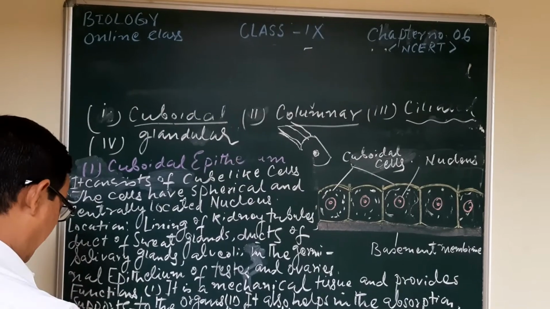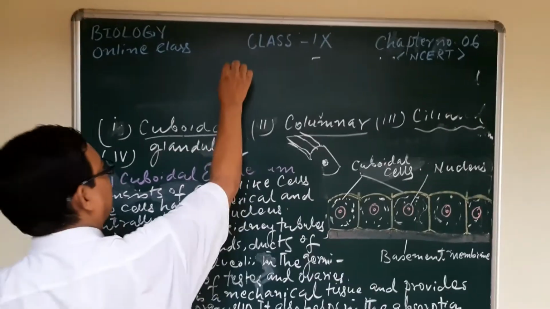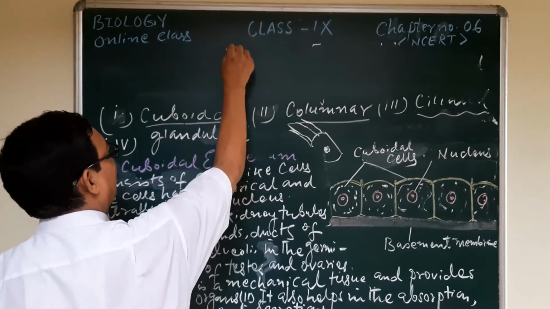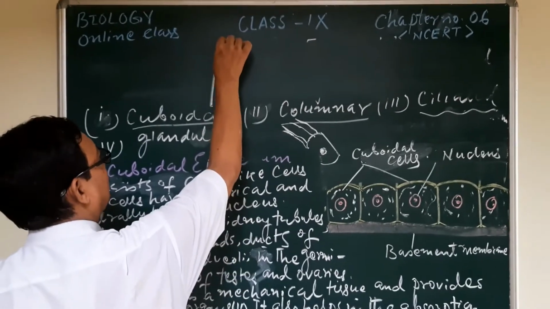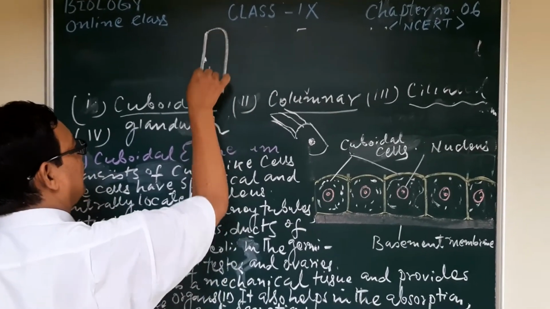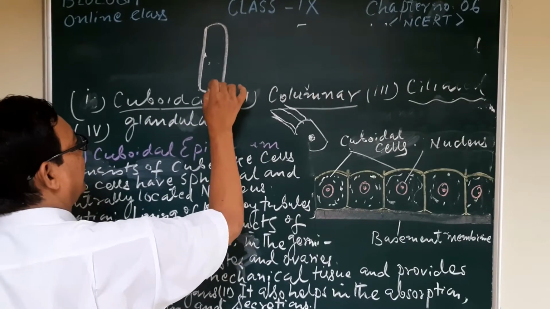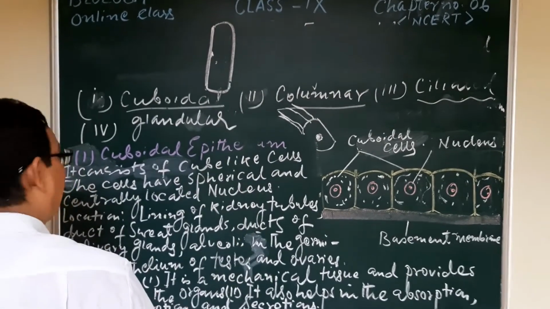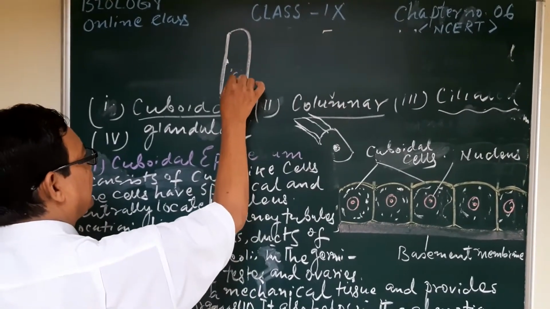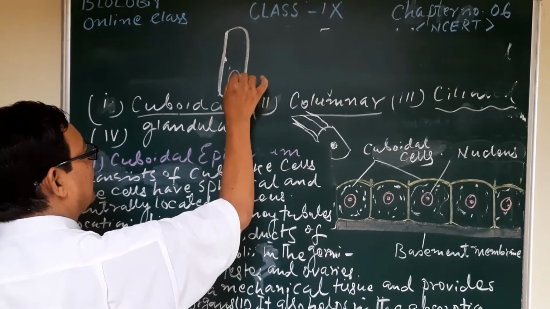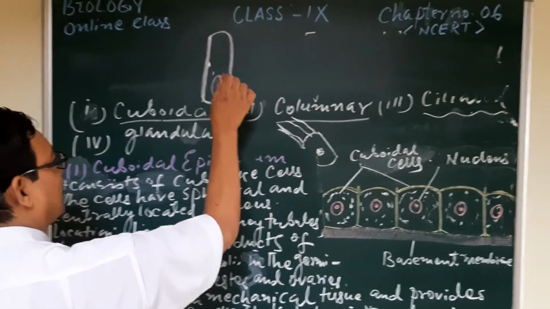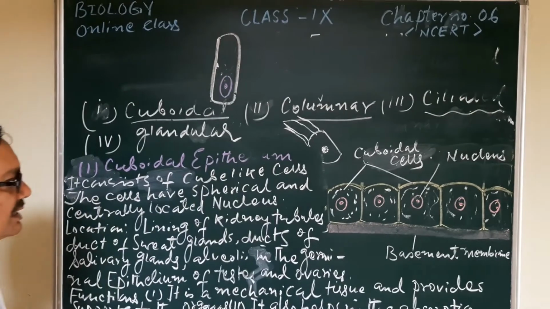If you look at the diagram, when we draw a single cell of the pillar-like or column-like type, the nucleus is present at the base of the cell, not centrally located.